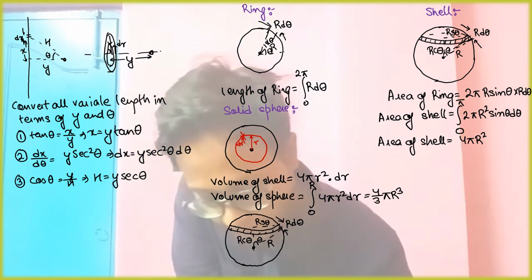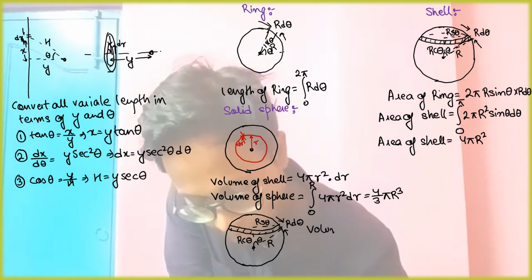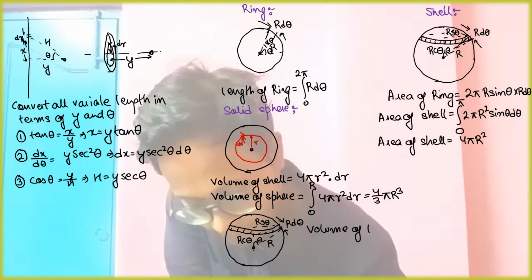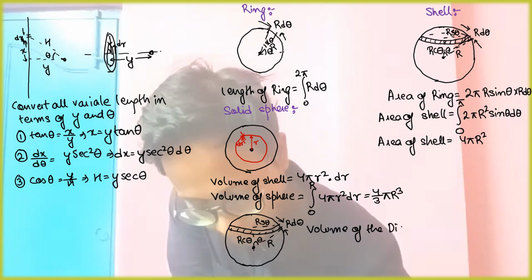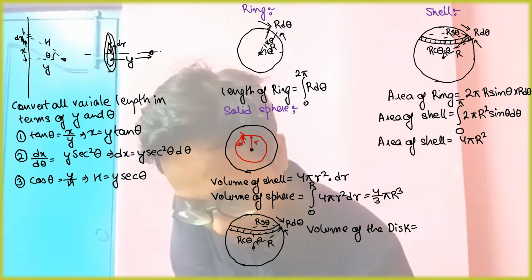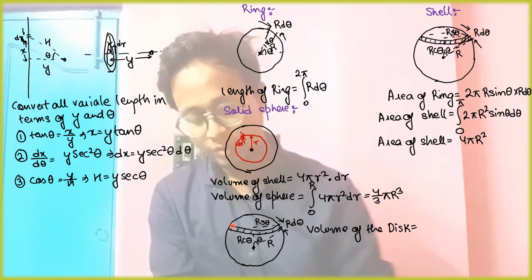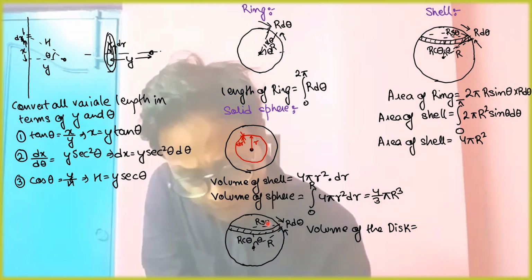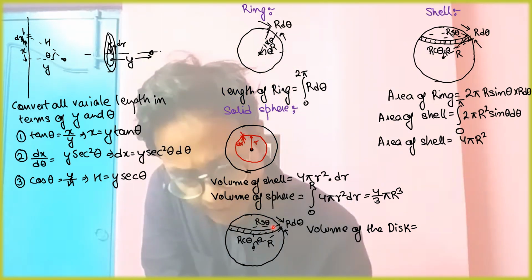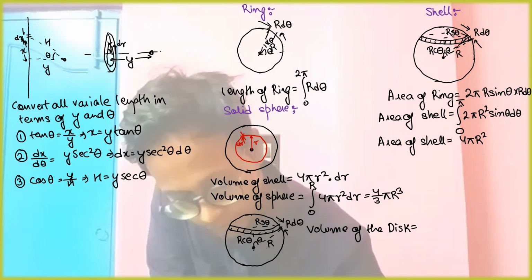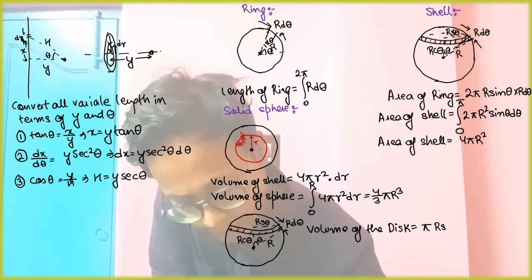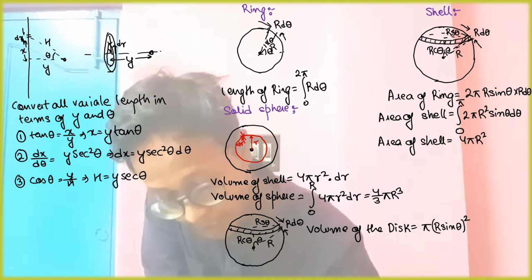So volume of the disk is nothing but area of the disk. What is the area of this disk? Area of this disk is nothing but pi r square, or pi (r sine theta) square. So pi into (r sine theta) whole square into length.